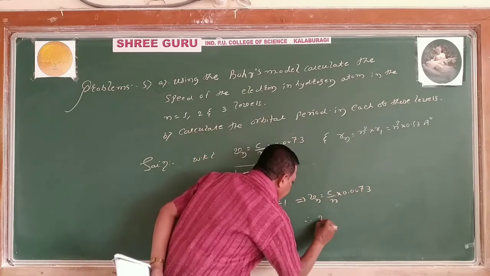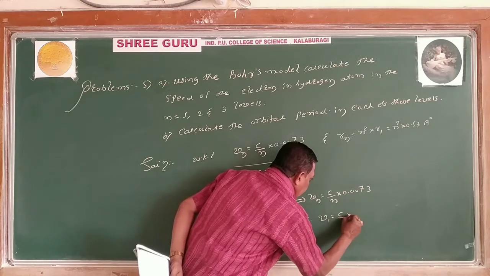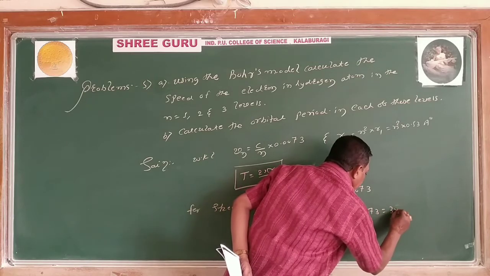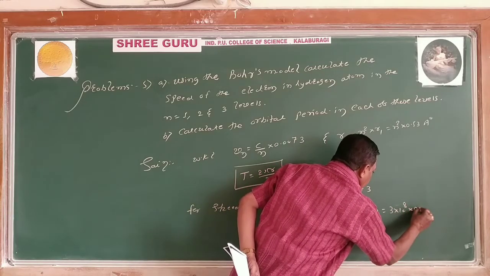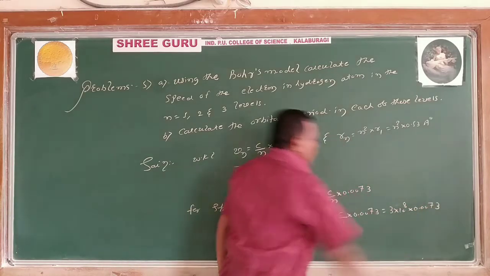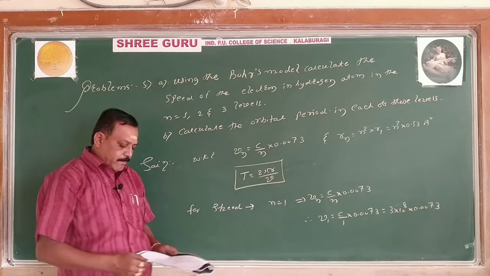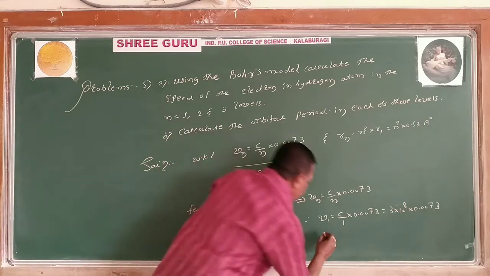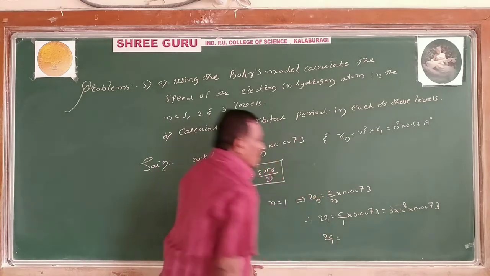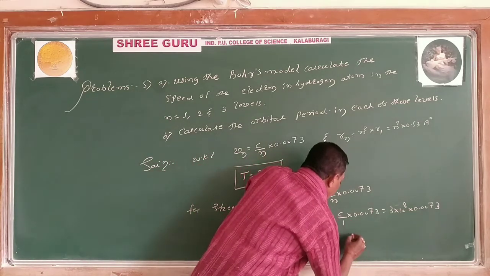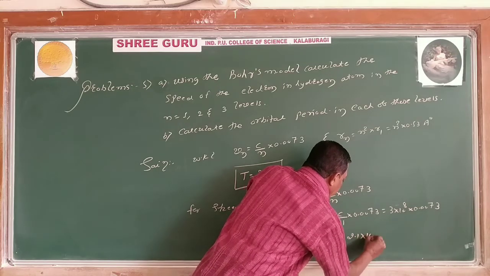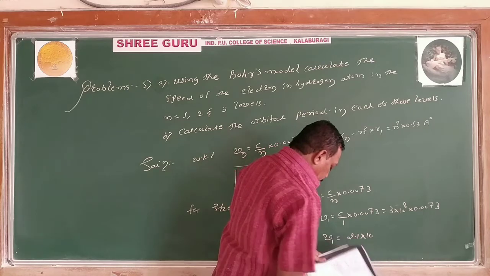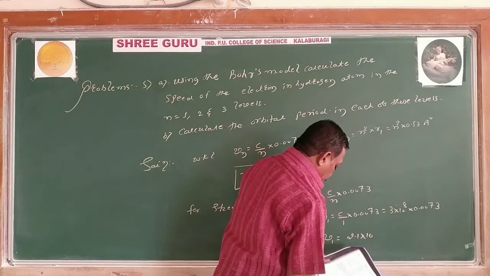Therefore, V1 equals to c by 1 into 0.0073. C is nothing but 3 into 10 to the power of 8 into 0.0073. Check and calculate, is it 2.1? 2.1 into 10 to the power of 6 meter per second.